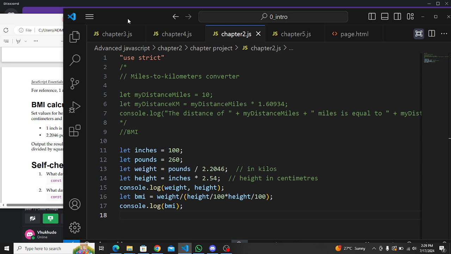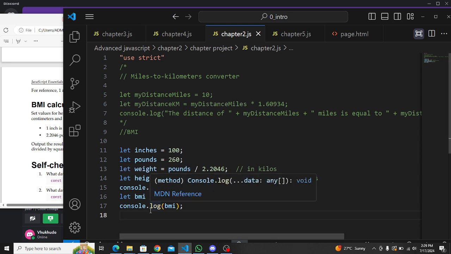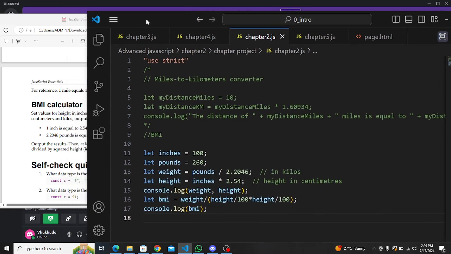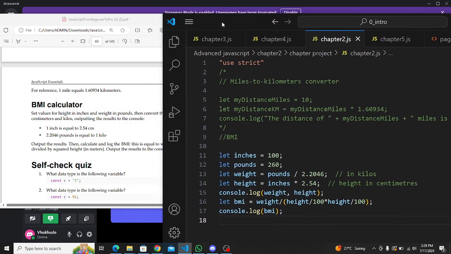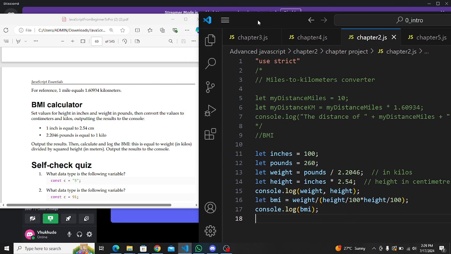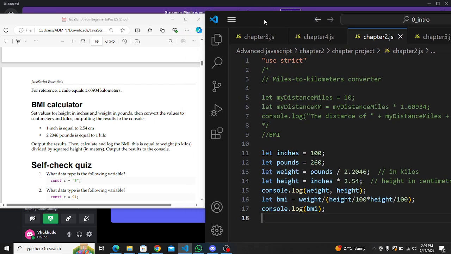I also have another faster way of commenting the whole lines. You just drag your mouse over all the lines, and then you hit control and forward slash.